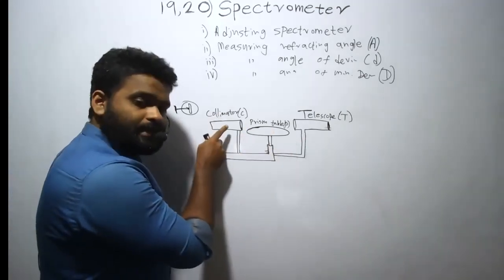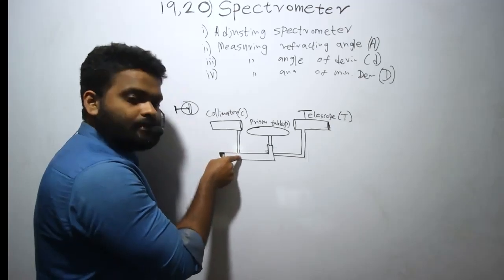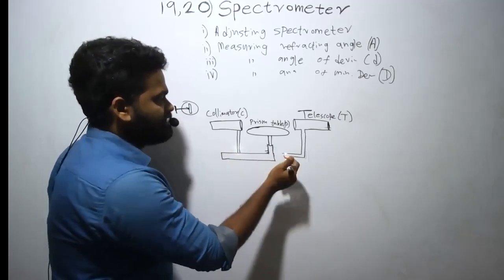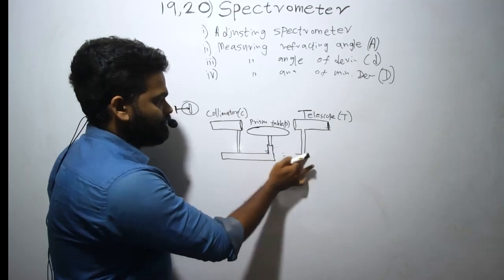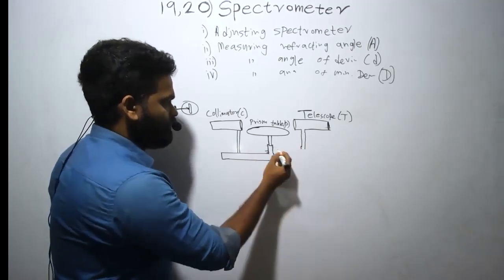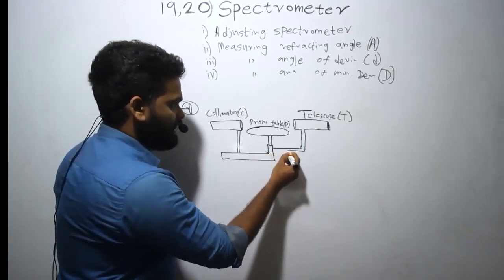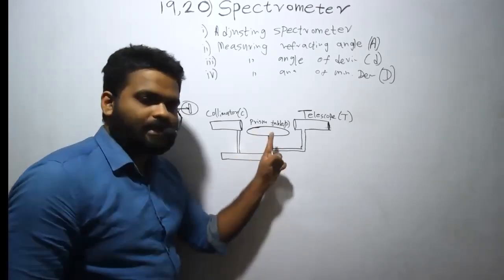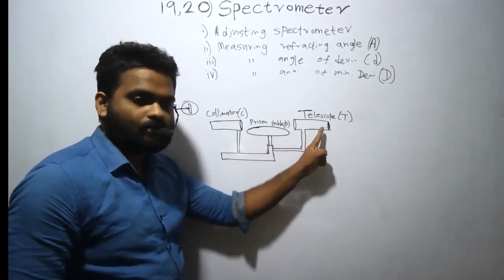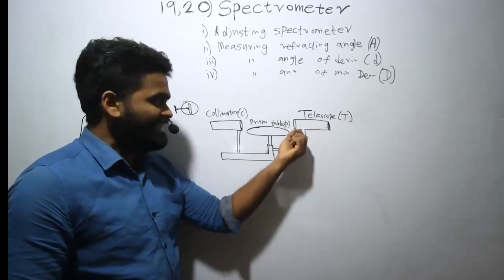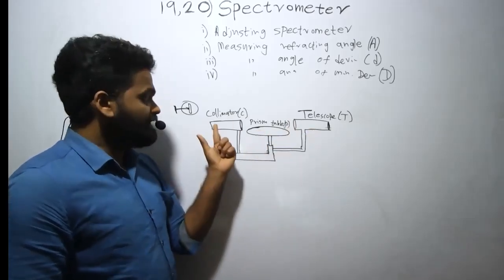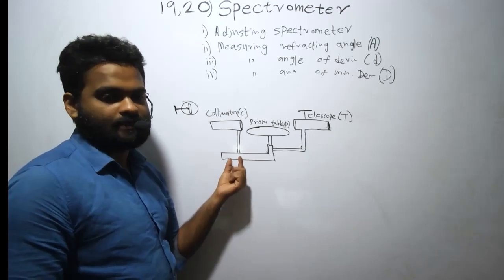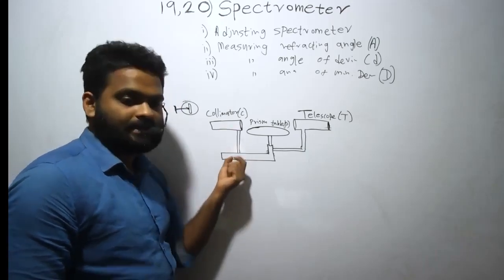But this collimator is fixed to the stage of the spectrometer. They ask these in the exam. Only the prism table and the telescope can be rotated independently. But the collimator is fixed. It cannot be rotated. It is fixed to the stage.